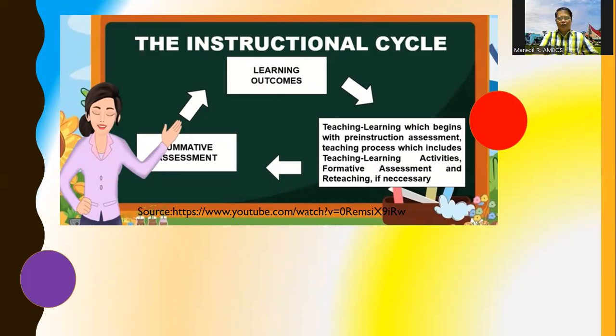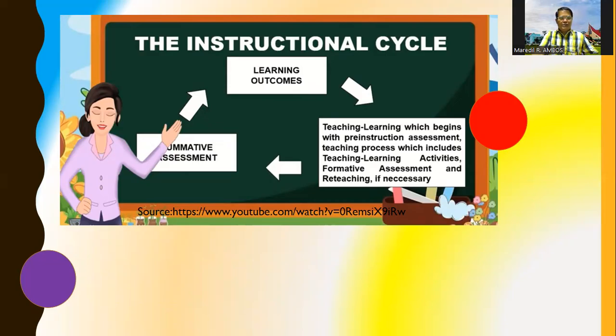So if you are a teacher and there's a need for you to reteach the subject or the lesson, you must do it in order to attain the learning outcomes or the objectives for our lesson.